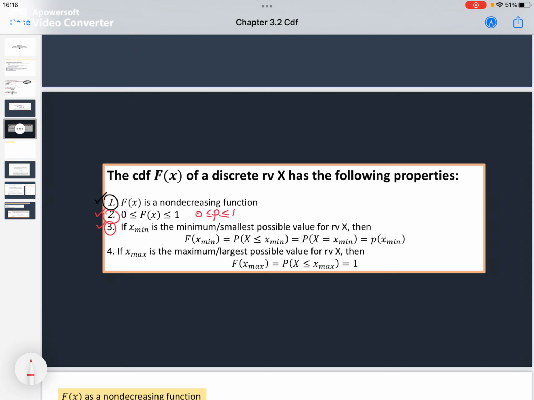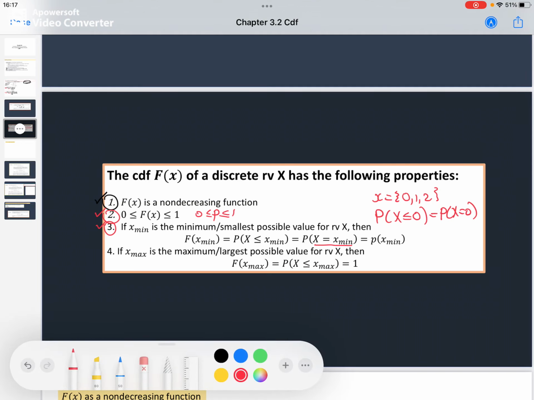Point 3: if x-min is the minimum, or the smallest possible value, for a random variable X, then F(x-min) is just equal to the probability that X is equal to that smallest value. For example, if the possible values of random variable X are 0, 1, and 2, like we saw in the previous example, then the probability that X is less than or equal to 0 will just be the probability that X is equal to 0.